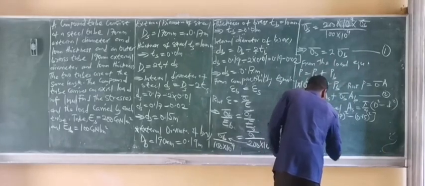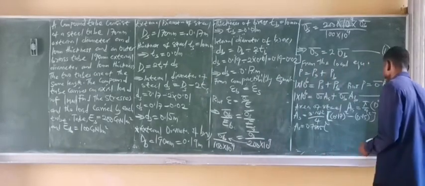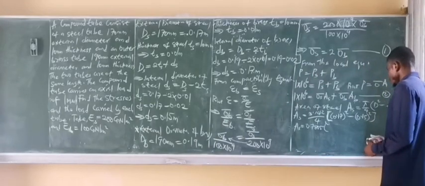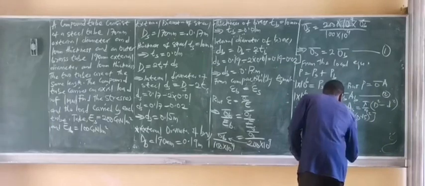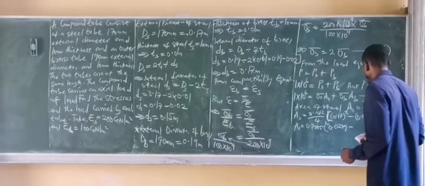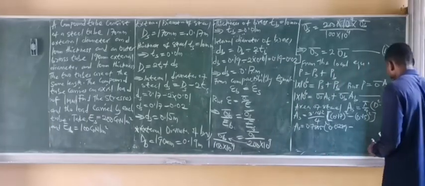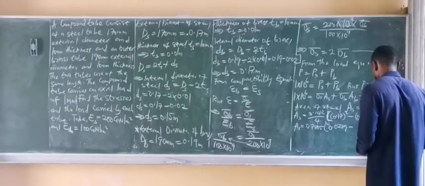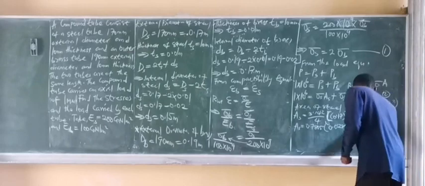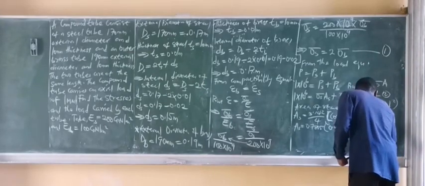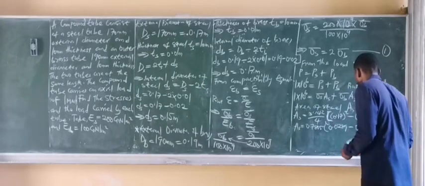Open brackets, 0.17 squared is 0.0289, minus 0.15 squared, which is 0.0225.